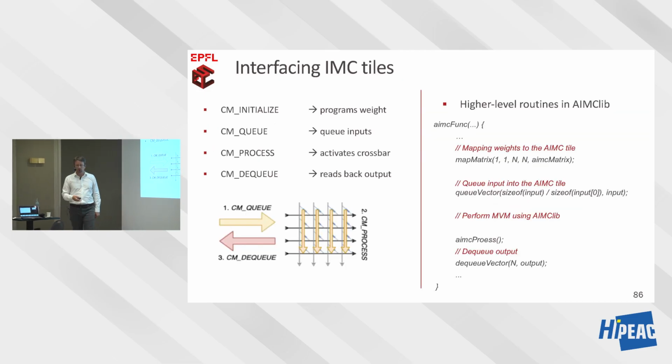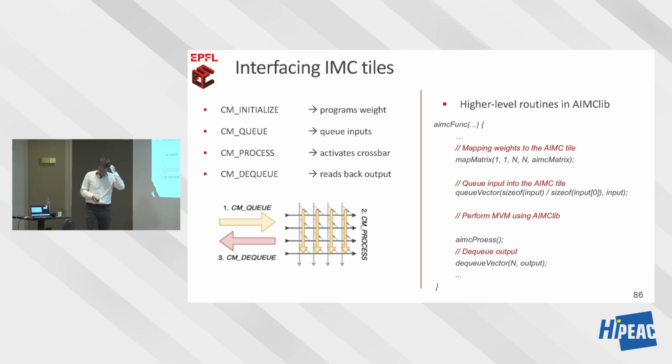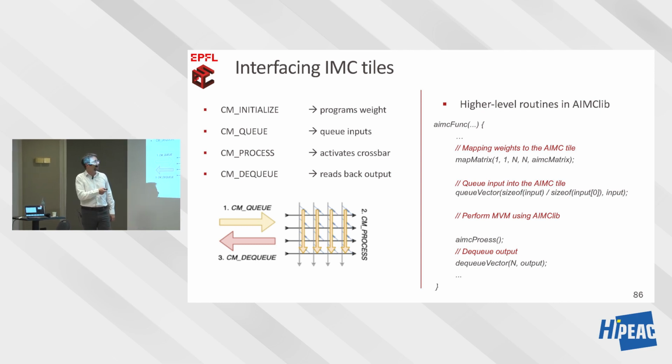So writing code in this way using inline pragmas is painful if you want to express a whole neural network model. So what we did was to provide a higher level library so that the user can just write something like map a matrix, queue a vector, start the processing, and dequeue the output.